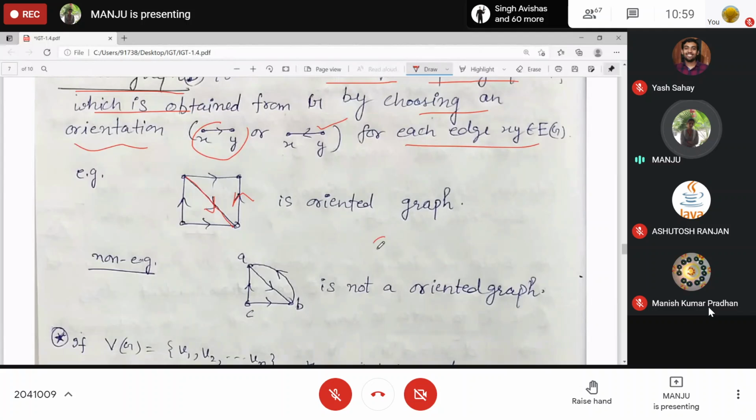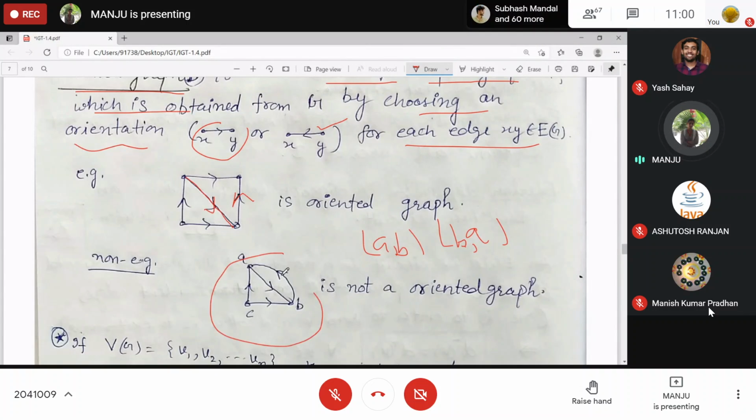Now, whenever you have A comma B and B comma A present, X comma Y and Y comma X present, then we cannot define its orientation. The arc between A and B, what is its orientation? We cannot define it. That's why this is not an oriented graph. If this edge is gone, then it becomes oriented.